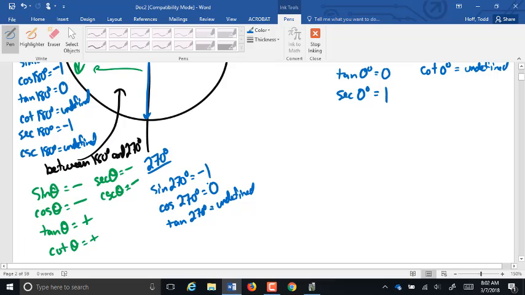Because there is sine over cosine, -1 over 0 is undefined. Cotangent is just 0. Secant, that's undefined because it's 1 over cosine and cosine is 0. Cosecant, 1 over sine, 1 over -1 is just -1.